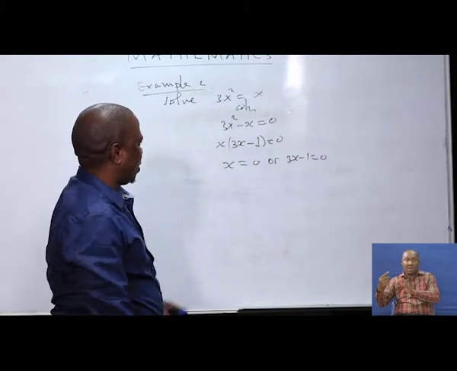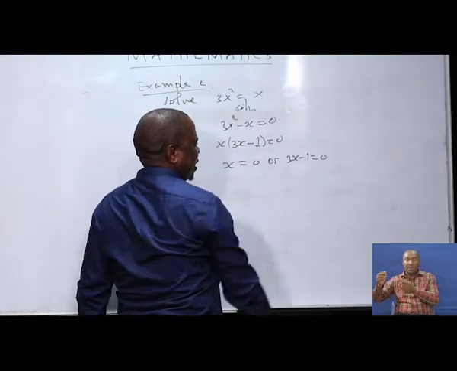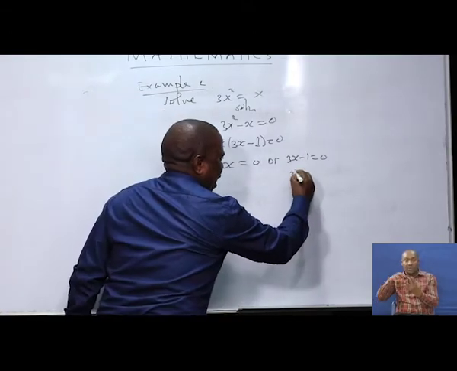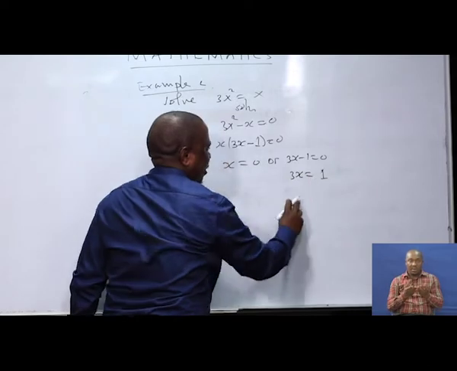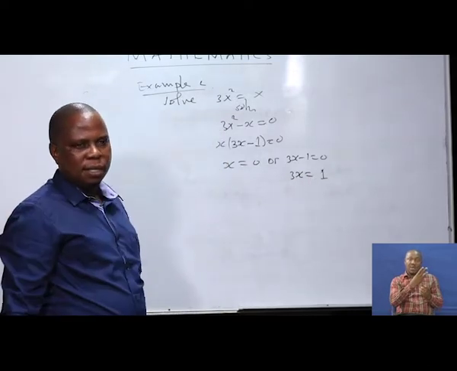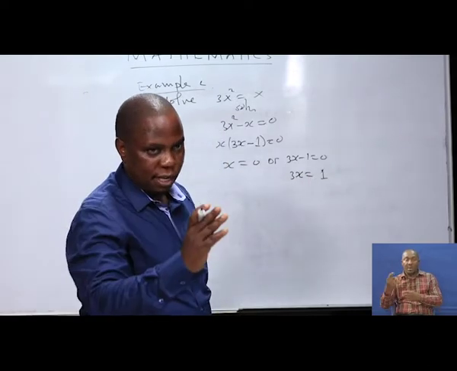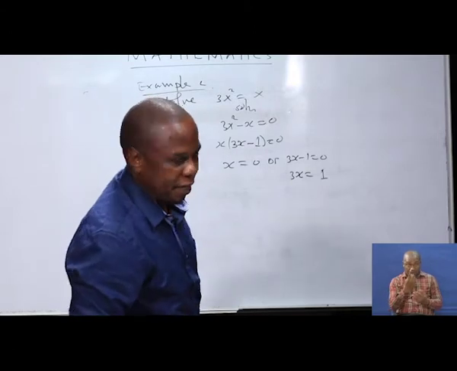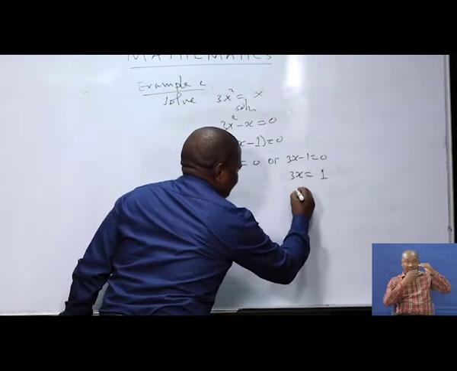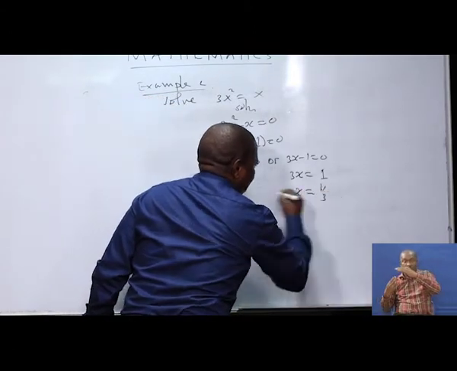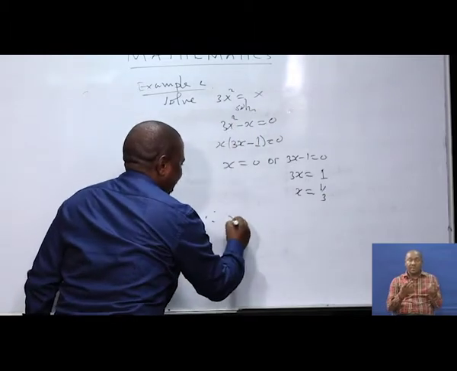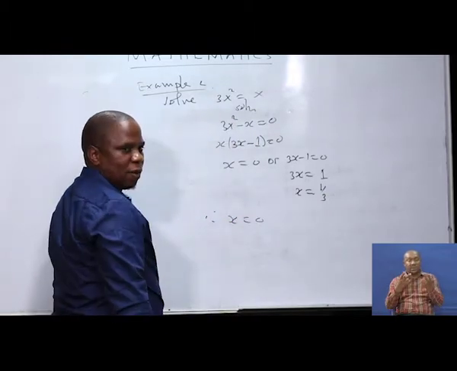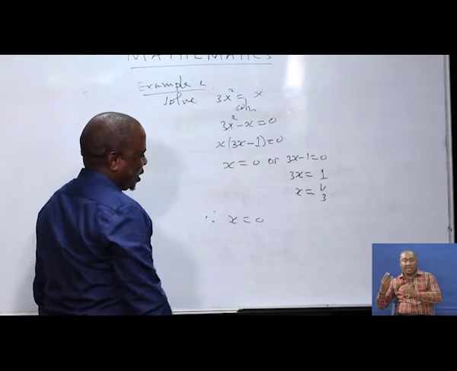Upon taking the 1 to the right-hand side, you will have 3x is equal to 1. I want to remain with x. What do I do? Yes, divide by 3 throughout. Here you will have x is equal to 1 over 3. Therefore, x is equal to 0. That's one of the solutions.